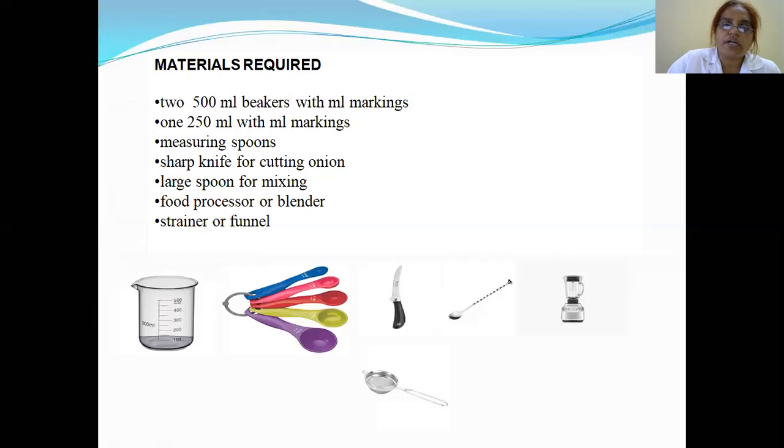Now see what materials are required. This is the glass beakers, 2 glass beakers, measuring spoons, knife, long spatula or spoon for mixing, blender or mixer, and strainer, coffee filter. This is the filter.